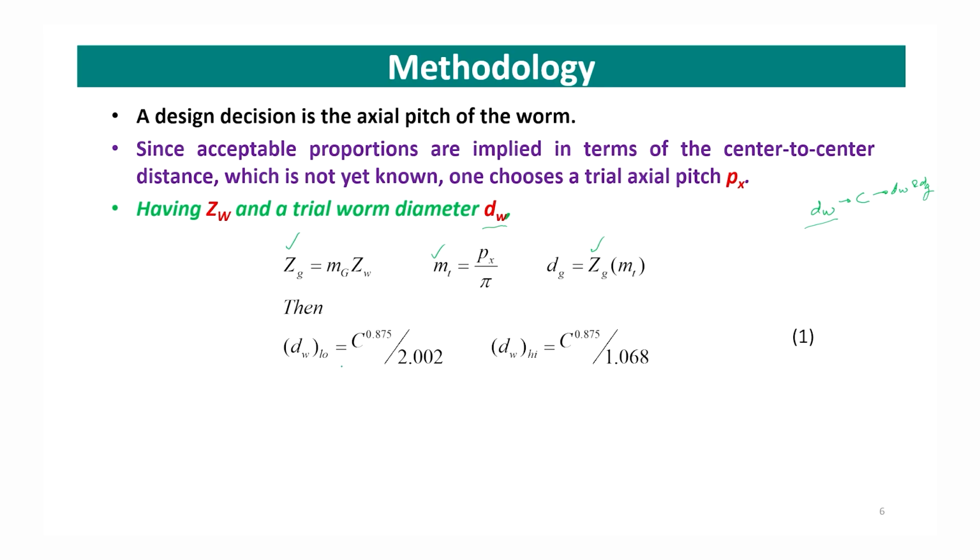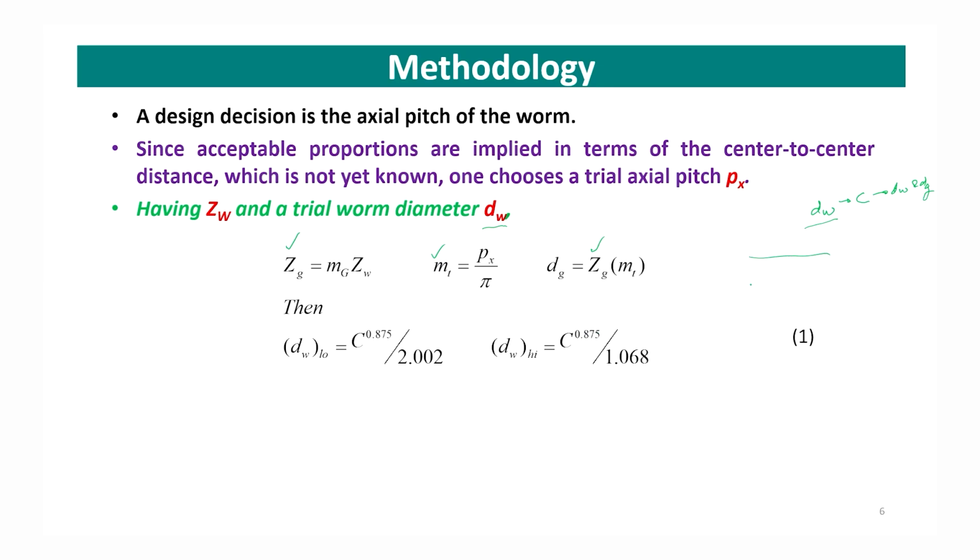Then we have a relationship which provides the range of dw, that means pitch diameter of the worm. The acceptable lower value of the pitch diameter of the worm is given as center distance to the power 0.875 divided by 2.002, and the higher value of pitch circle diameter of the worm is given by center distance C to the power 0.875 divided by 1.068.